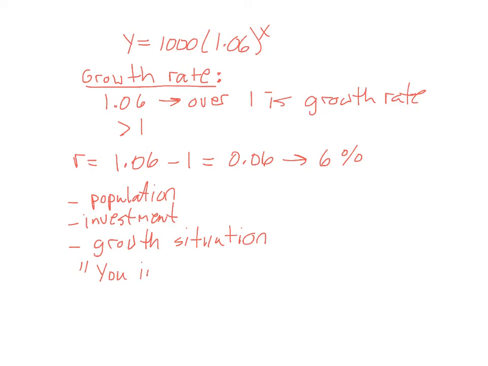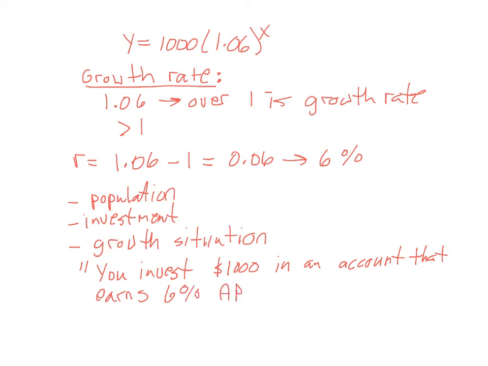You invest $1,000 in an account that earns 6% APY, annual percentage yield. That means it's compounded every year. That's why we have a common ratio of 1.06.